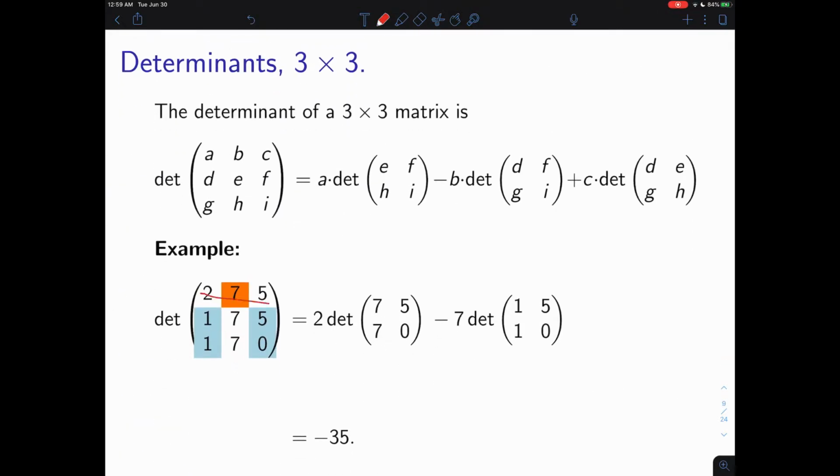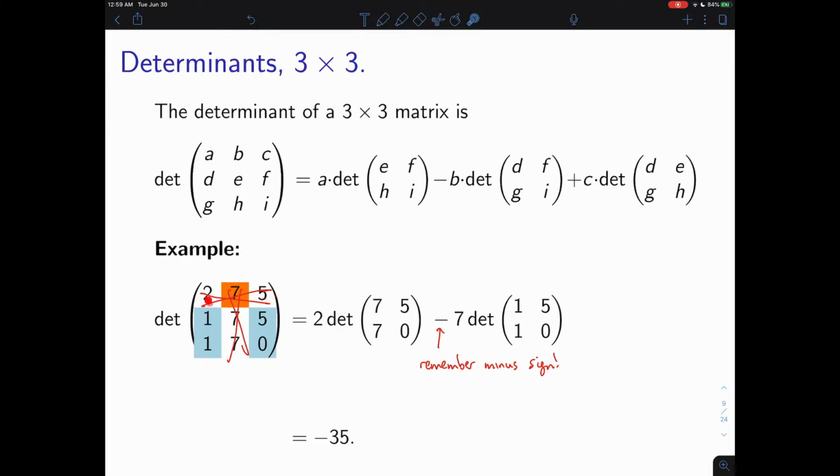Then we move one step sideways to the 7, cross out the row and column of that 7, it's sort of a T-shaped kind of deal. And what's left over is 1, 5, 1, 0, put that in a 2 by 2 matrix. Only thing is, remember the minus sign. That's kind of tricky and easy to forget. If you haven't done this before, it's easy to forget.